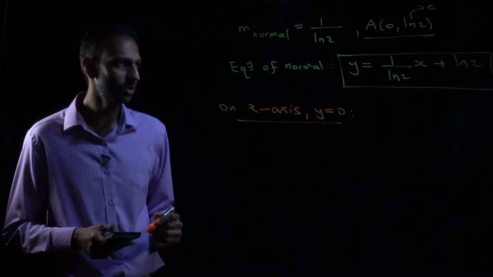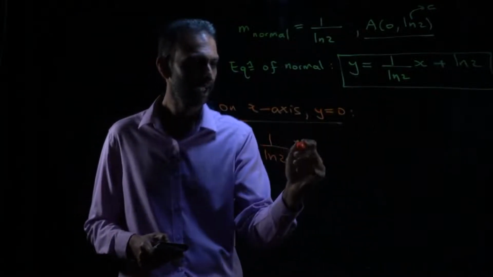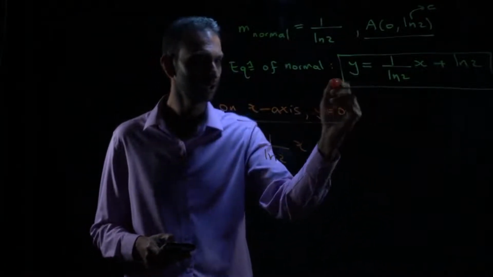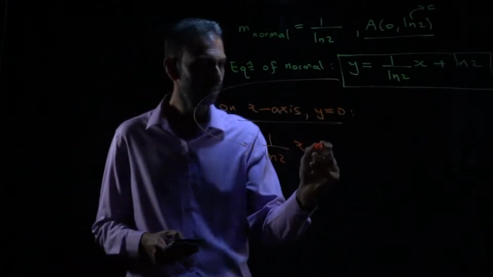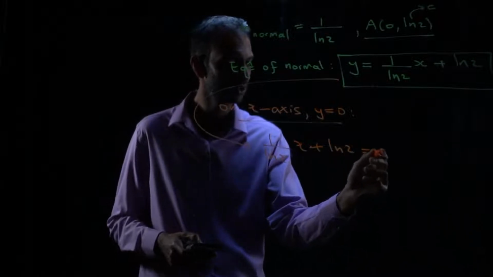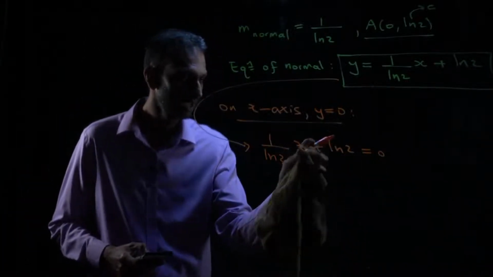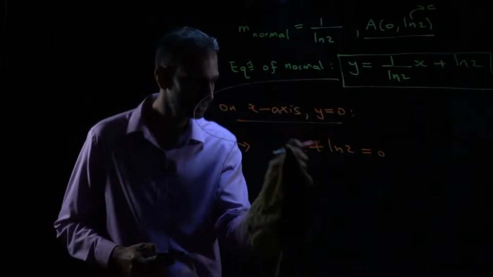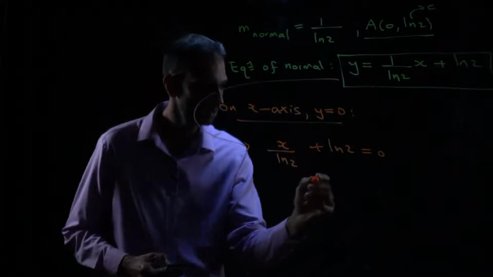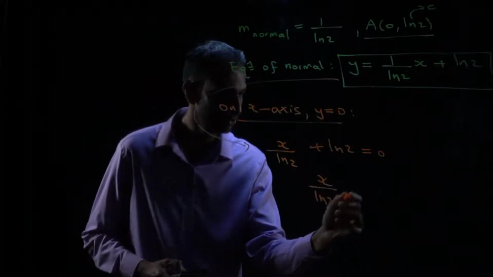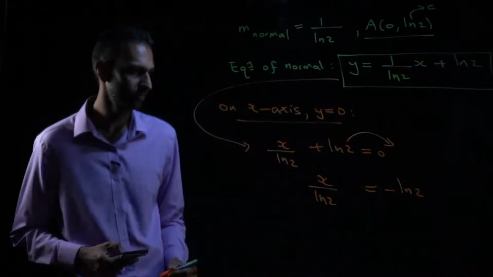When y is equal to 0, we have 1 over ln 2 times x plus ln 2, which is equal to 0. So the x here, we can just rewrite it for simplicity as x divided by ln 2. So x over ln 2, send that on the right hand side, is minus ln 2.